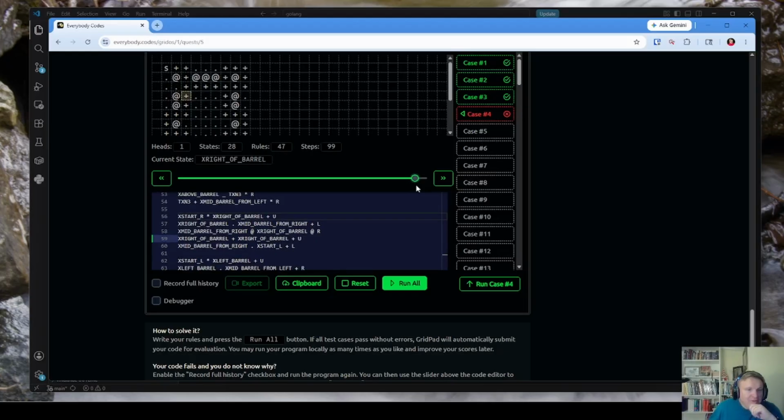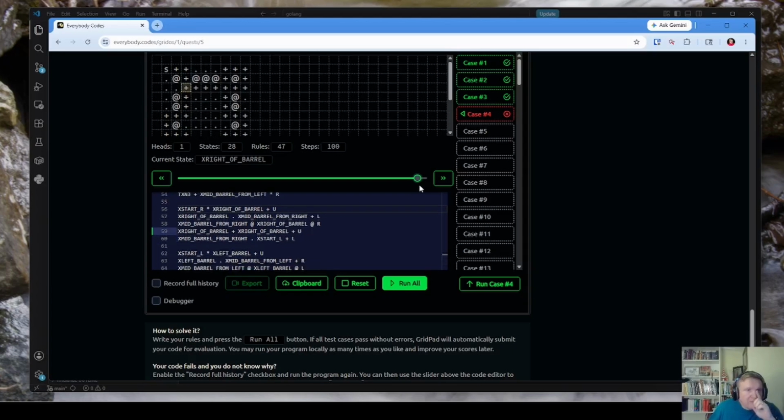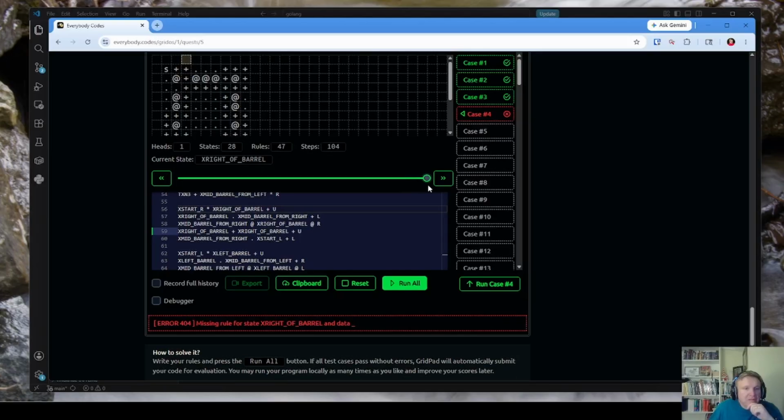X right of barrel. Okay, so we need 2 different X right of barrels. Now, can this only happen on that last one? I think so. I think it can only happen on that last case.